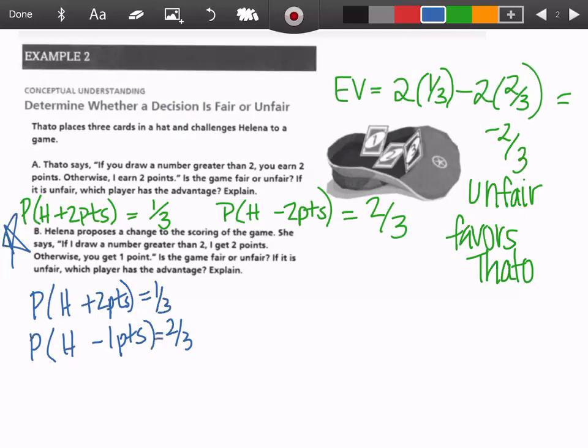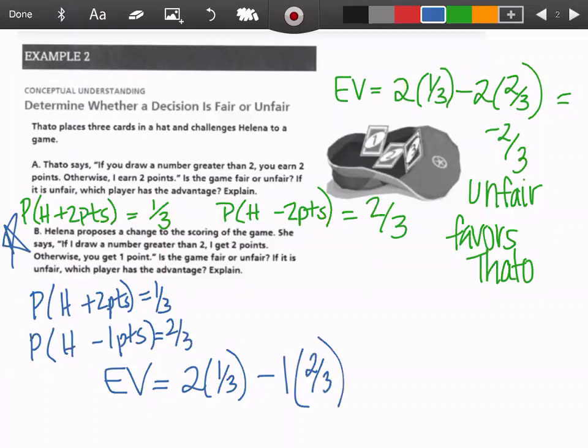So now we have the probabilities. Let's figure out the expected value. Helena gains 2 points potentially 1/3 of the time. She has the probability of losing 1 point 2/3 of the time, or Theodo gaining 1 point 2/3 of the time.